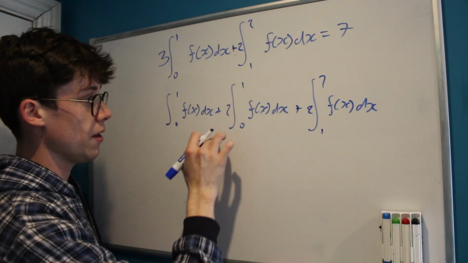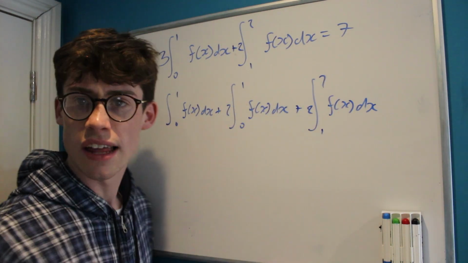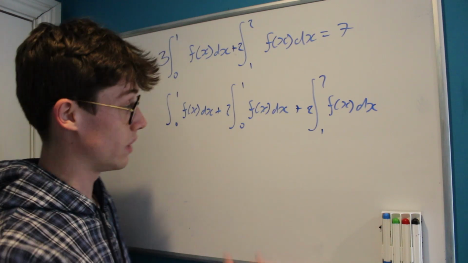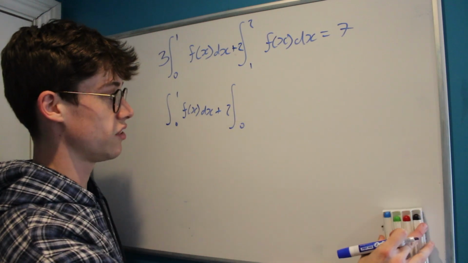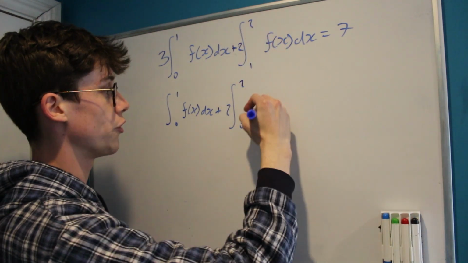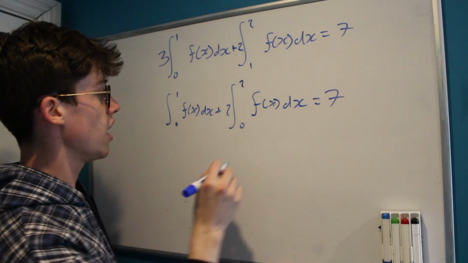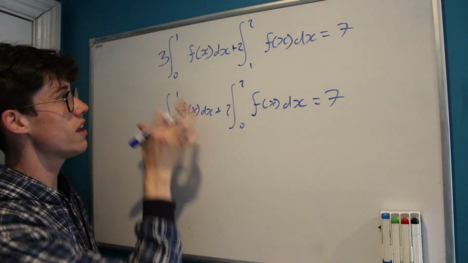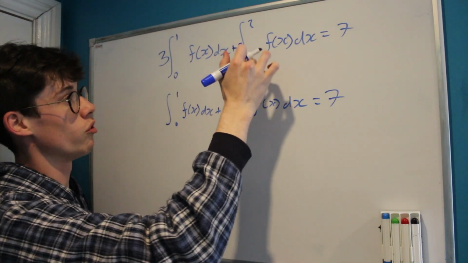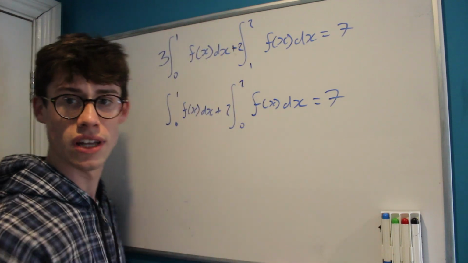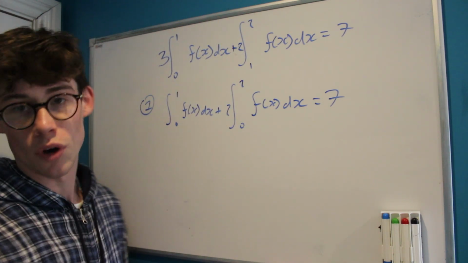Well, here, the integral from 0 to 1 and the integral from 1 to 2, when added together will give us the integral from 0 to 2, and I've got two lots of them. So this is the same as just saying plus 2 times the integral from 0 to 2 of f of x dx equals 7. And of course the reason I have my 1 left over here is because I don't have enough integrals from 0 to 1 to add to all of my integrals from 1 to 2. I actually have 1 left over.